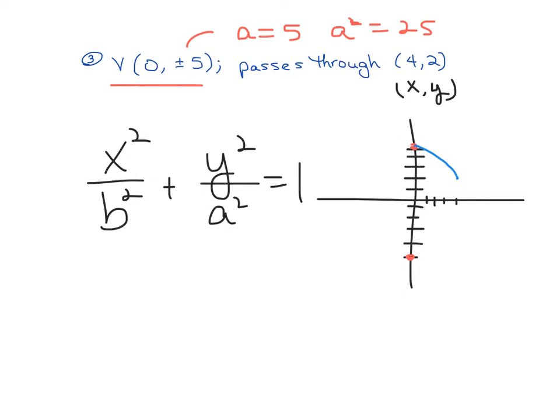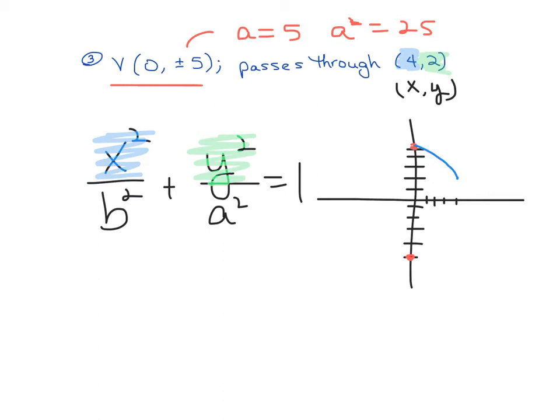And now what I'm going to do is plug in my given. I can't do the c squared equals a squared minus b squared here because I don't have a c value. All I have is an x and a y. So I'm going to take this 4, square it and put it here. I'm going to take this 2, which is my y, square it and put it here.